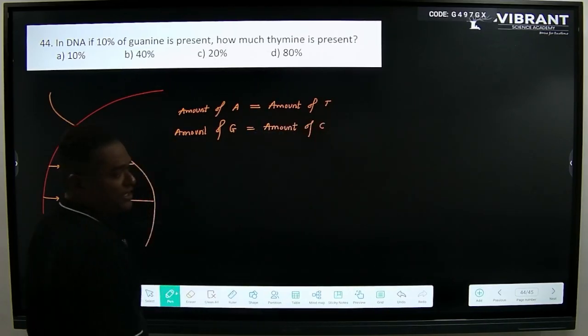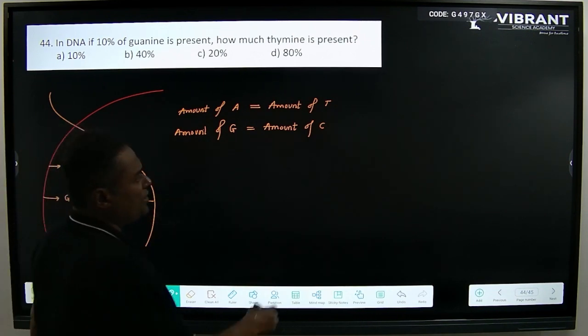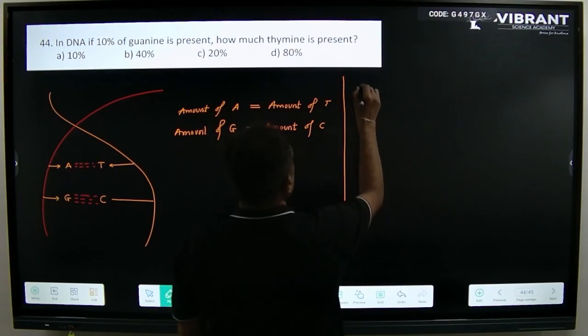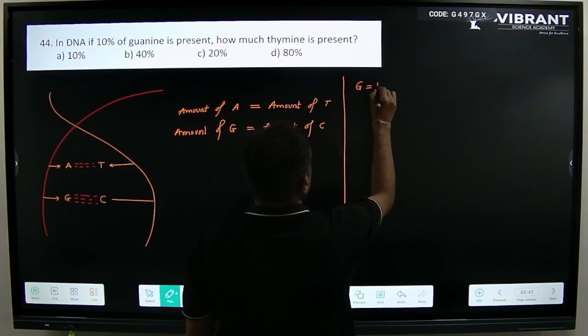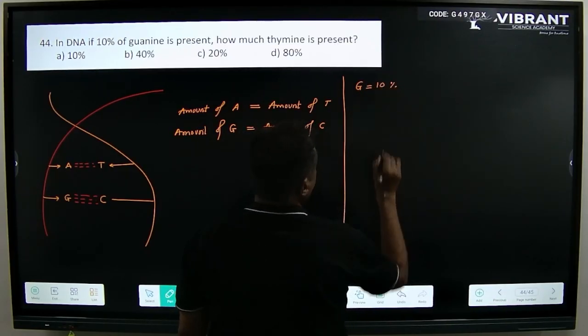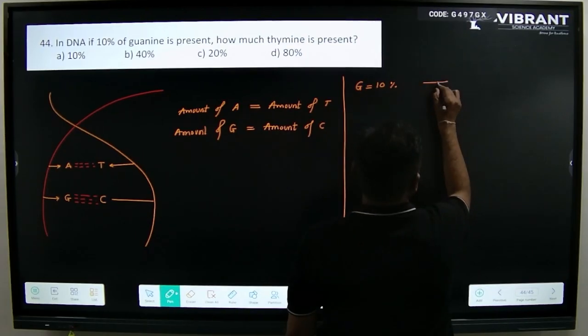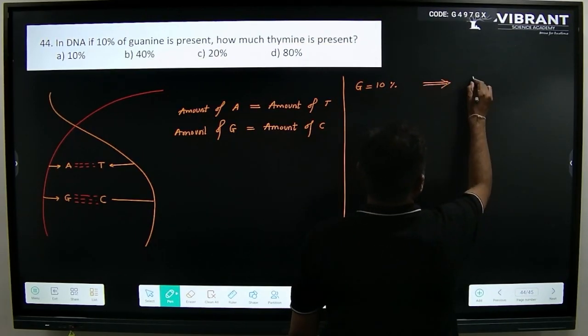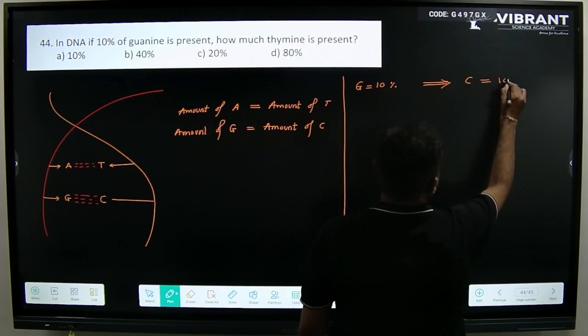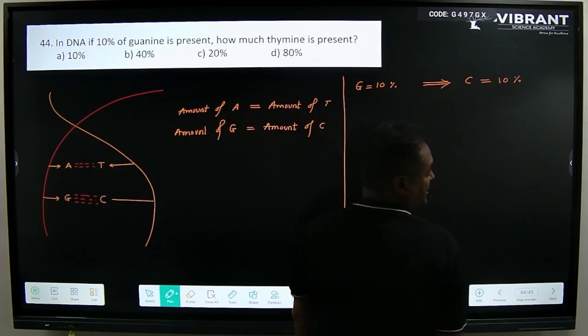Is it first of all clear? Now, as per the question, if guanine is 10% of the DNA chain, it implies that cytosine is also 10% of the chain.